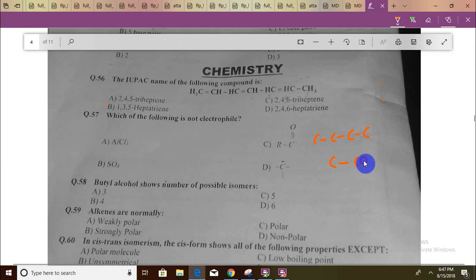We can also have a tertiary configuration, or we may have it over here. So that makes a total of 4 possibilities.